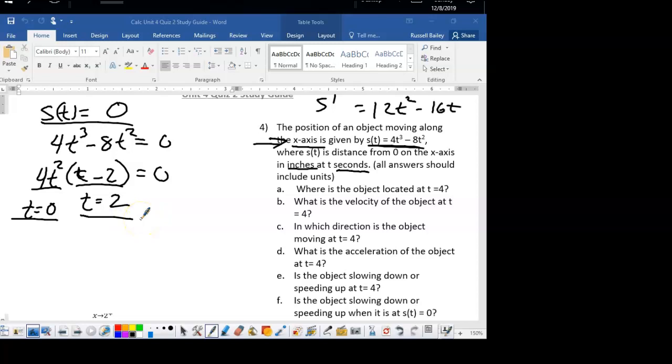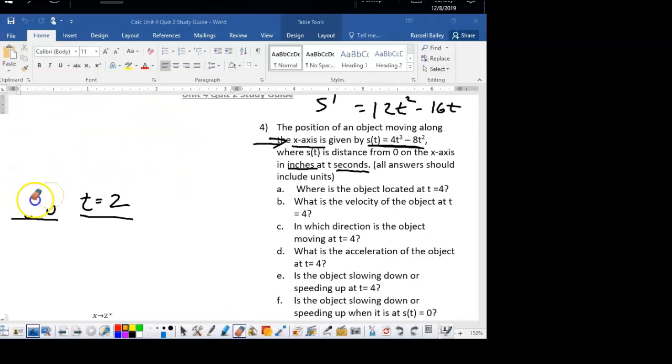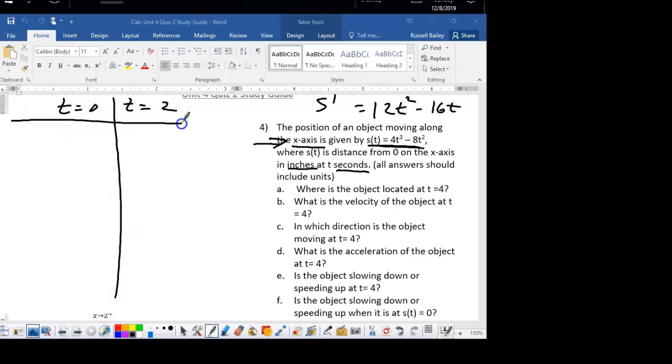Okay? So first of all, let's remember that. Now after we do that, if I want to know if it's speeding up or slowing down at those time values, then I would need to find both acceleration and speed for both of those times. So let's do that. So s prime of 0, if you were to plug 0 into this function over here, you're going to get 0.